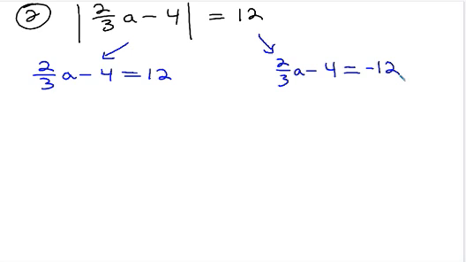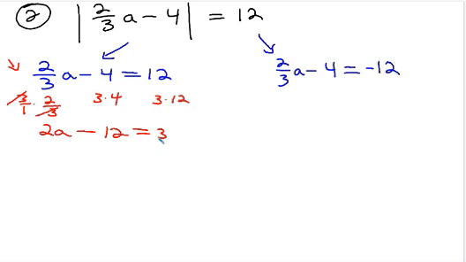Okay, so on the first one right here, I'll multiply everything by 3. Remember that hack that I told you to get rid of fractions? What's 3 over 1 times 2/3? It's just 2. So this is 2a minus, I have to do 3 times 4. 12 equals 3 times 12, which is 36.